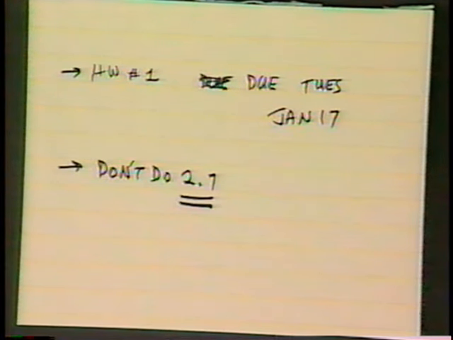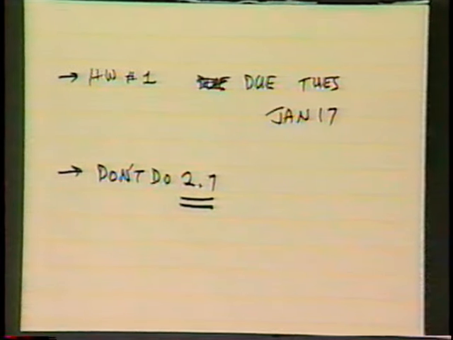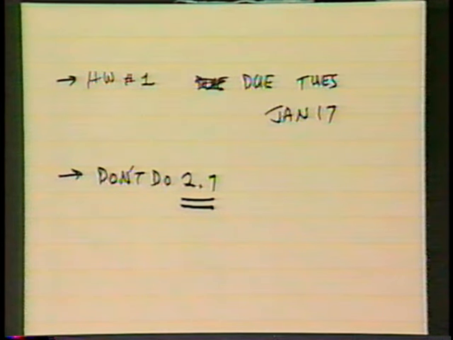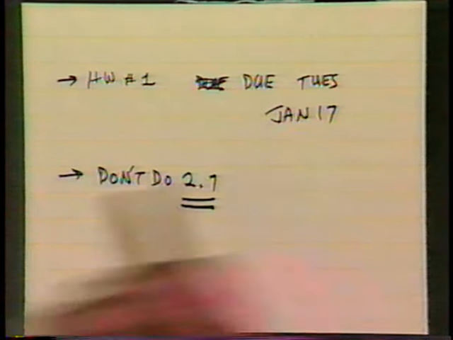Don't do number 2.7, the last question on the homework. Actually, you can do it for your own amusement. The problem is that it's a little bit ambiguous, and it's going to be a hard thing to grade. We decided not to assign it, so you're welcome to do it, but we won't be requiring it. The tentative course schedule will be revised for the next version of the handout, and if you have any questions about it, I'll be happy to talk about it.